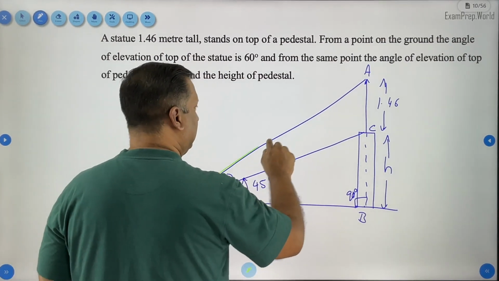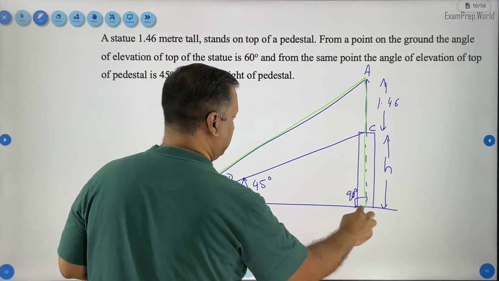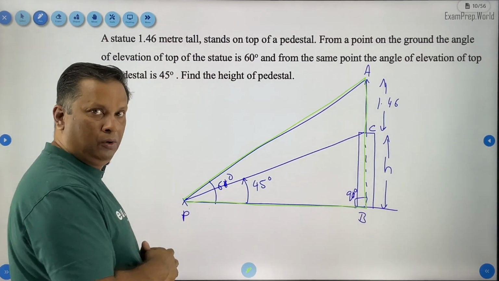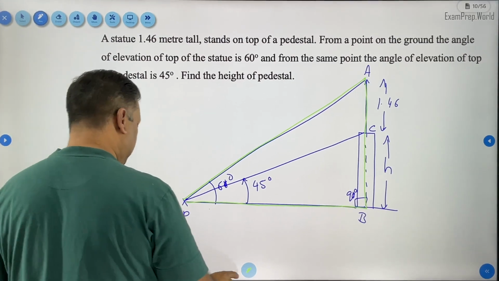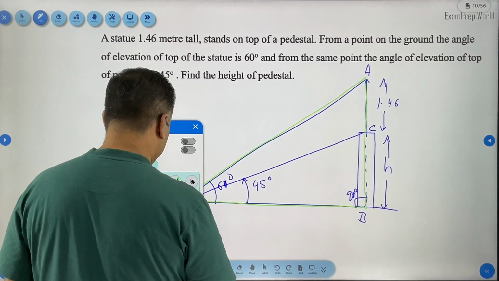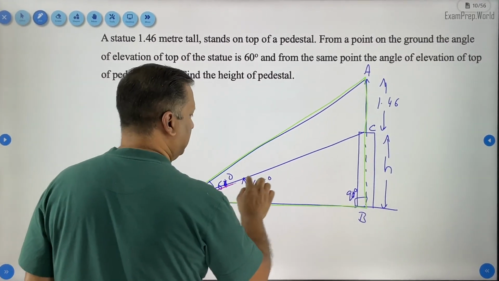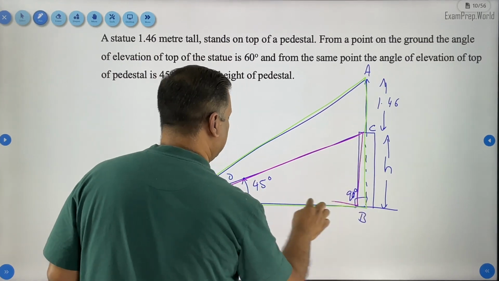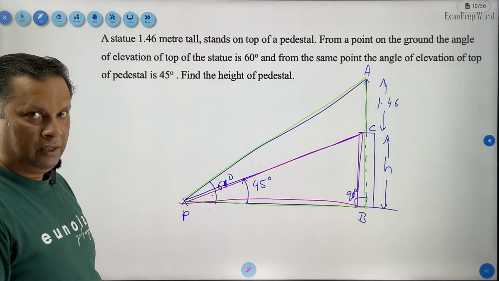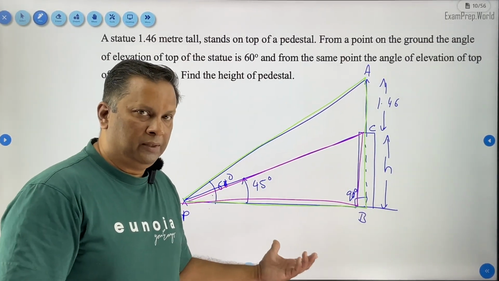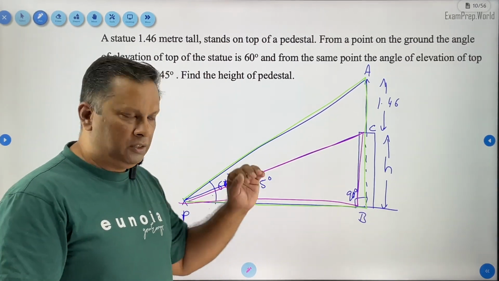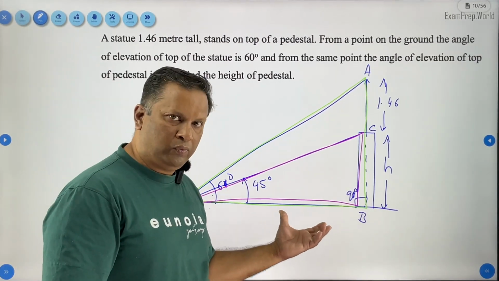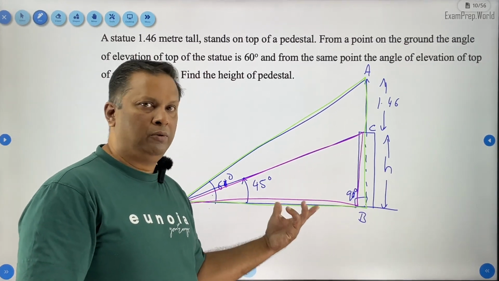One of the triangles is this big one, and the second right angle triangle, I'll use another color, is this one. Do you see 2 right angle triangles? Now what is common? Whenever you have 2 right angle triangles, look at the common side. This is the easiest trick to solve any question where you have 2 triangles.